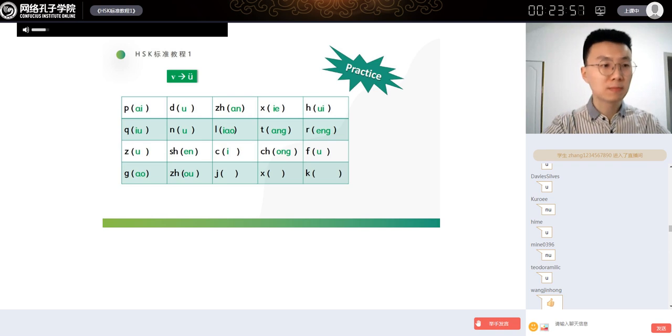金. Which one? I saw two different answers. Three different answers. 金, it should be this one. 金啊, if it's 鹰 I will read 精.